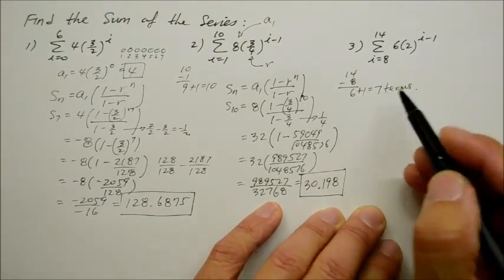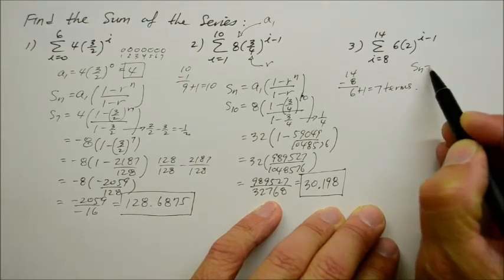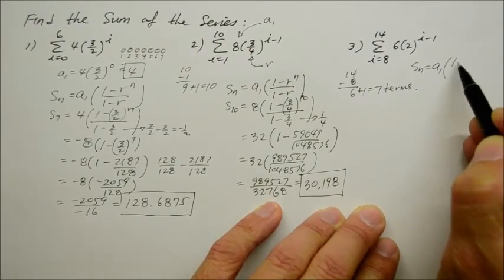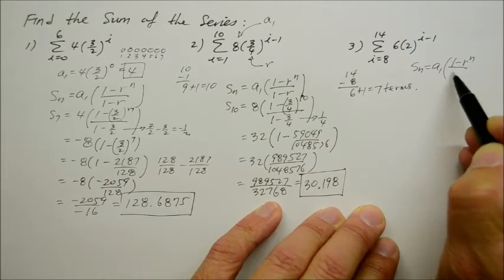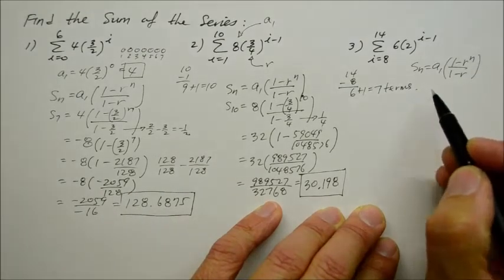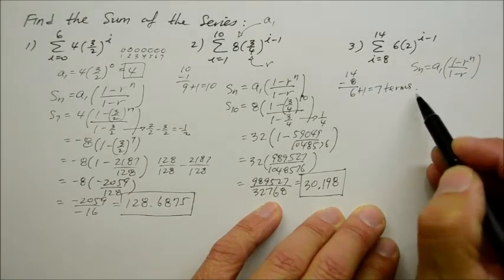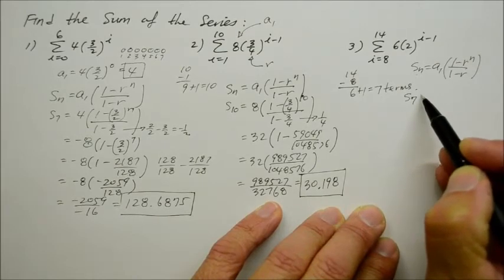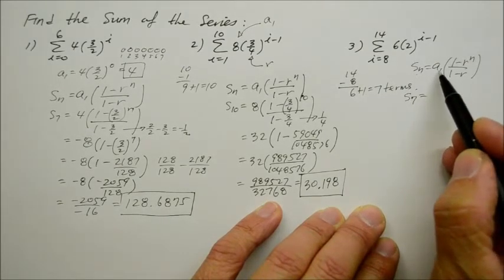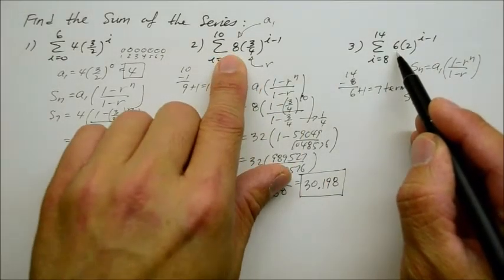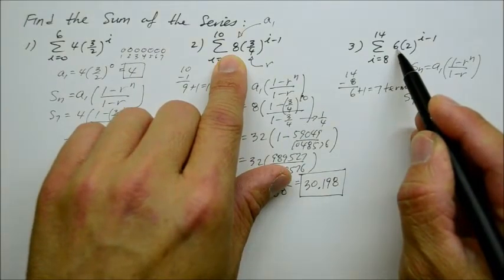Okay? So we go, alright then, S of n is equal to a sub 1 times 1 minus r raised to n over 1 minus r. Now we're looking for a total of 7 terms, so that's going to be S of 7 is equal to, what's the first term? Is it 6? No, no, no. It is not.